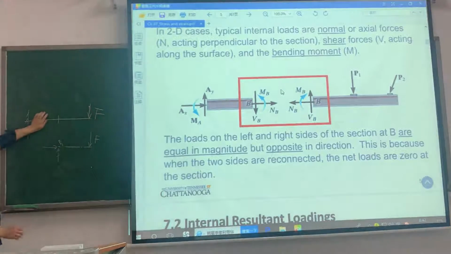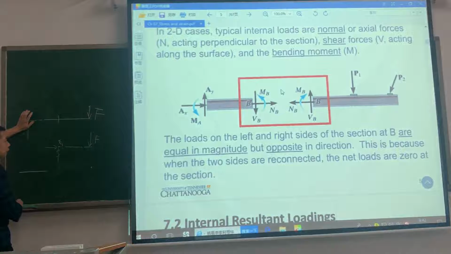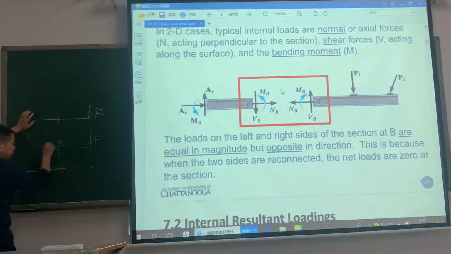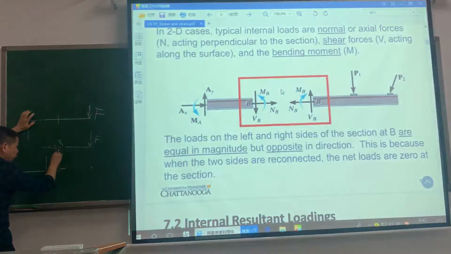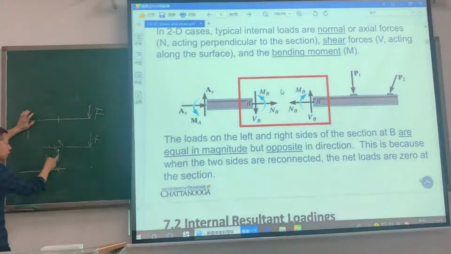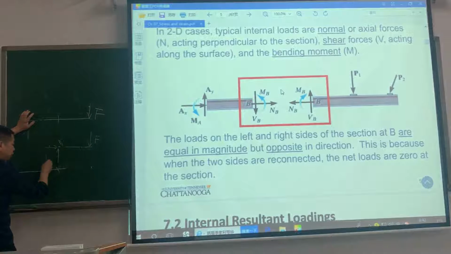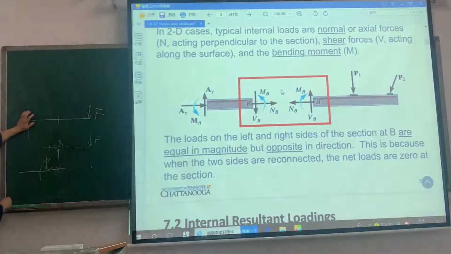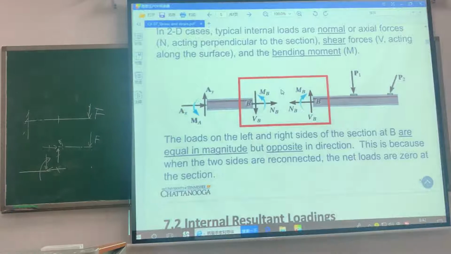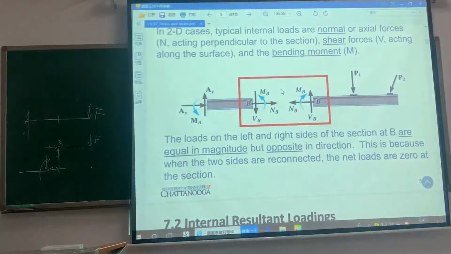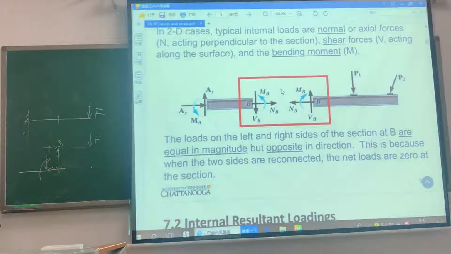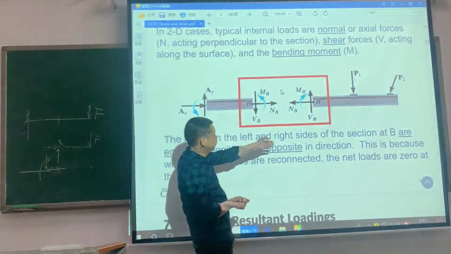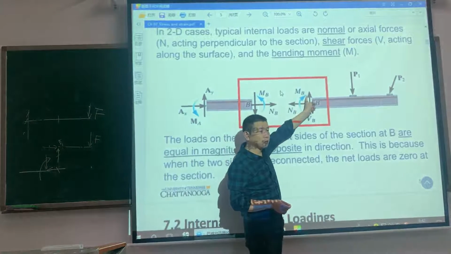If you draw the free body diagram of the left part, it must be action and reaction. If it's upward, it must be downward. If it's anti-clockwise, it must be clockwise. Action and reaction. Understand? So in this case, we assume the moment like this.